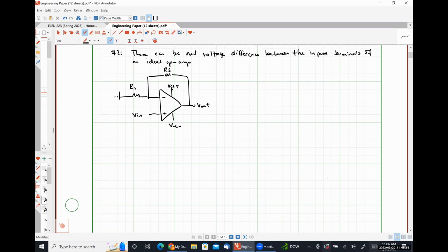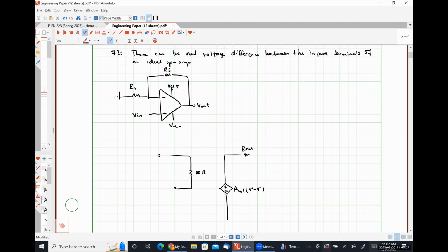Using the practical op-amp model, our circuit would look something like this. This is an infinitely large resistance or an open circuit. Here's AVOL times V plus minus V minus, our differential voltage.